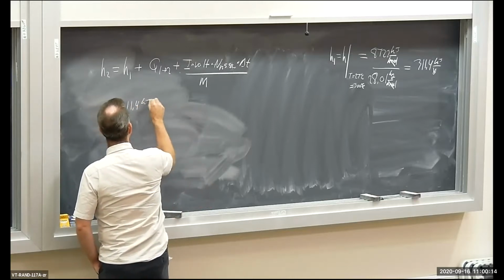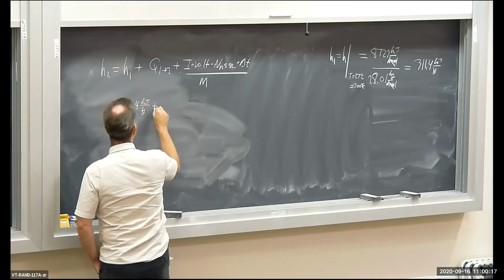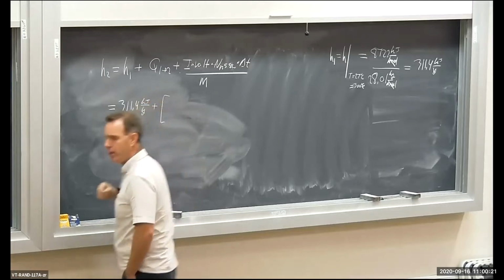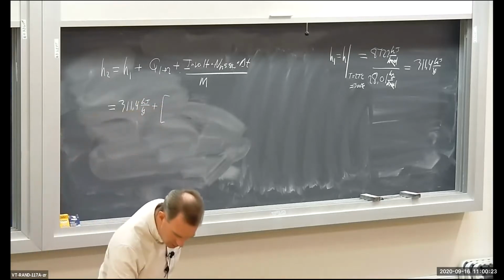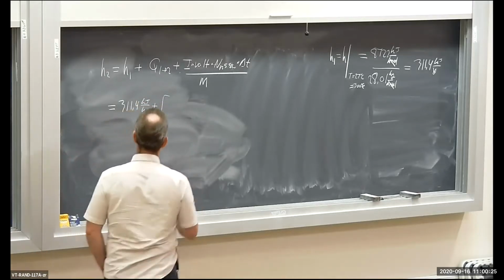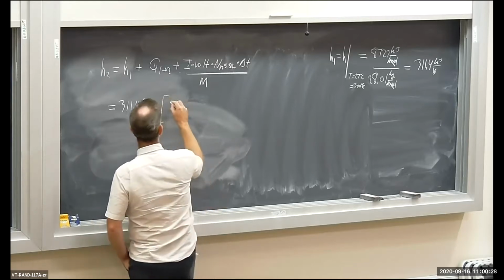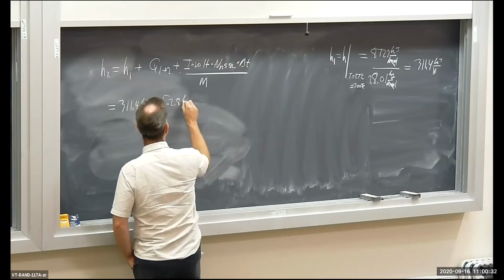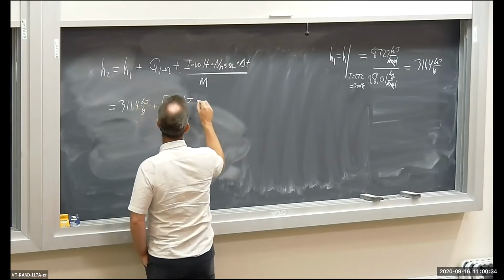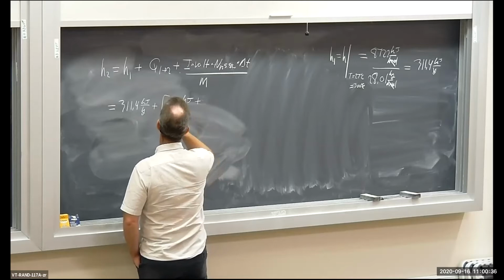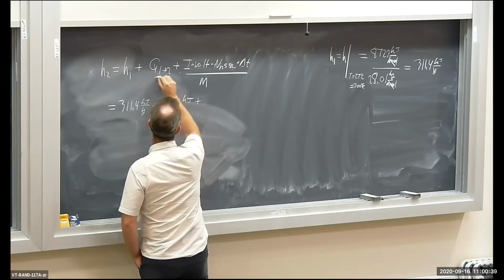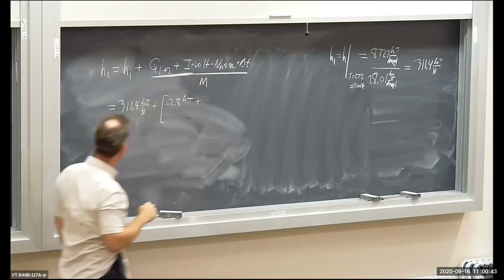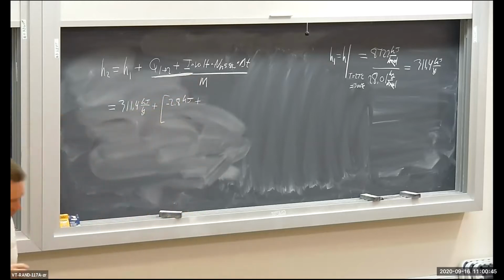Let's see here, 311.4 kilojoule per kilogram, and then I've got plus a bunch of stuff. The heat transfer out of my warm nitrogen in my piston cylinder device was negative 2.8 kilojoules. Whoops, everything gets divided by the mass except the H1. Sorry about that.